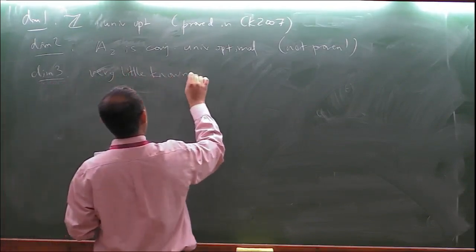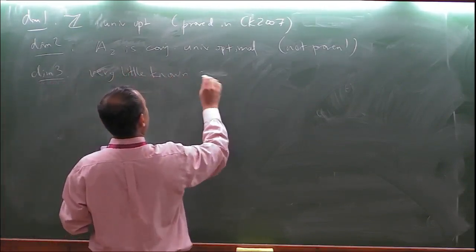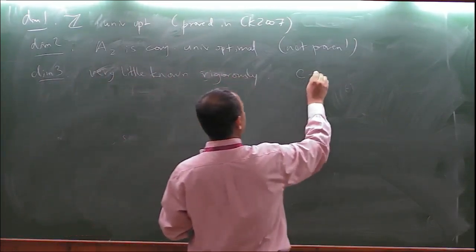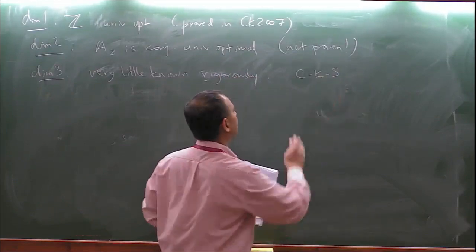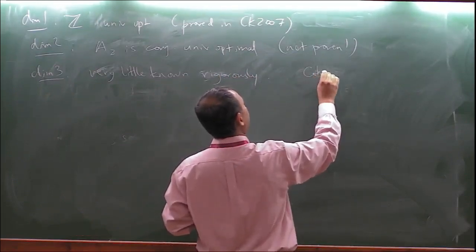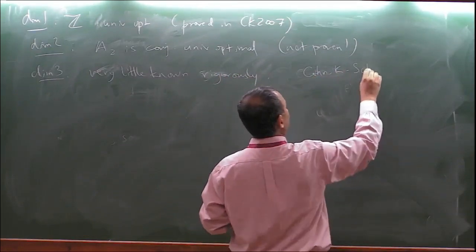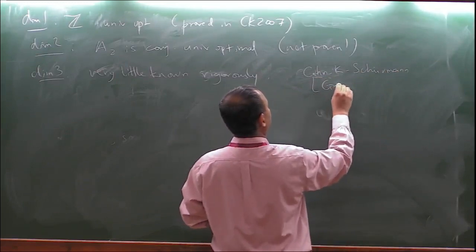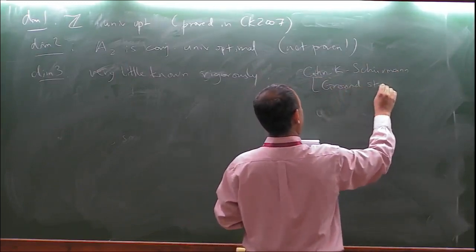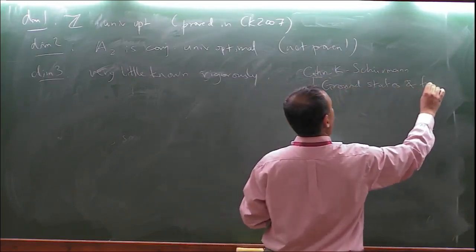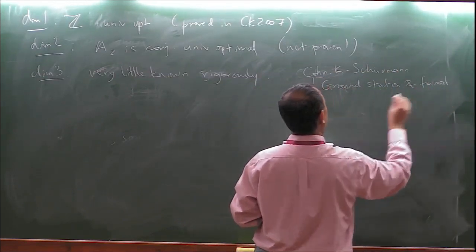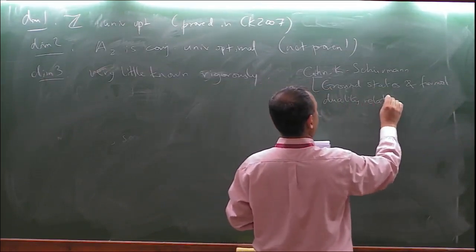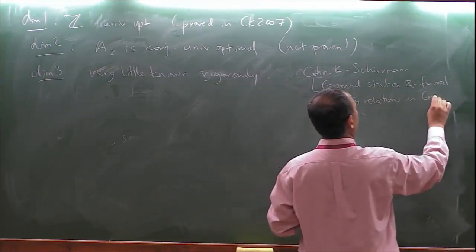Some computational experiments, the ones I'm going to talk about, are described in a paper by Henry Cohn, myself, and Akhil Sherman called Ground States and Formal Duality Relations in the Gaussian Core Model.